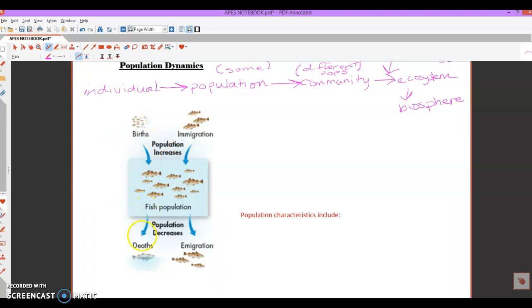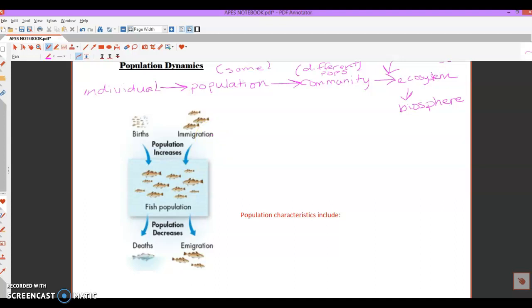Okay? Now, these are not the only two ways that populations change. There's two more factors that cause populations to change. So we look at immigration and emigration. And a lot of people get these two words confused. So birth is obviously going to be an addition to the population. Immigration is also an addition to the population.